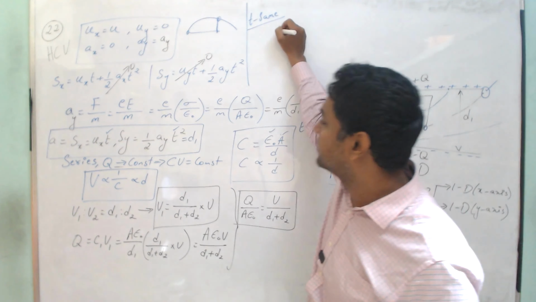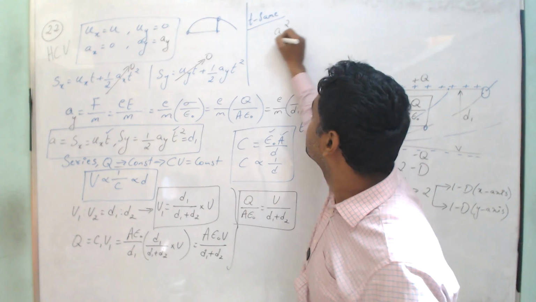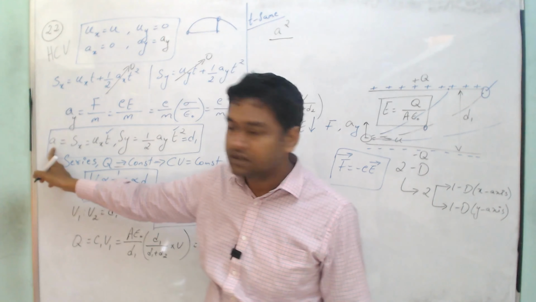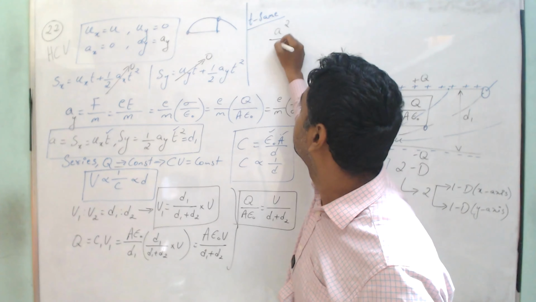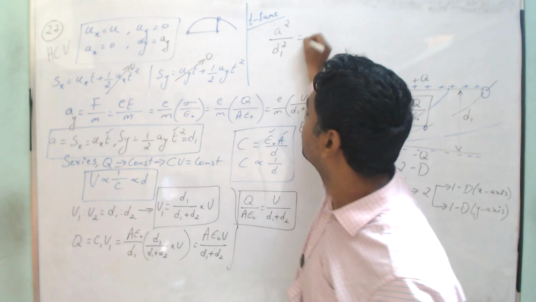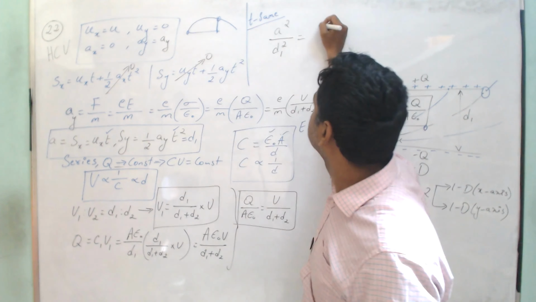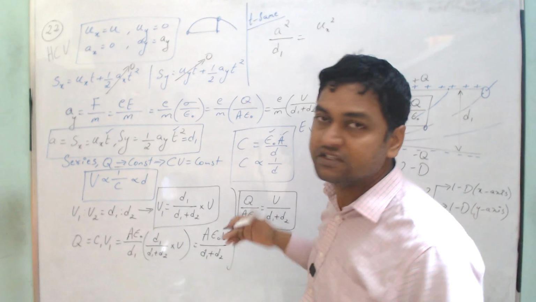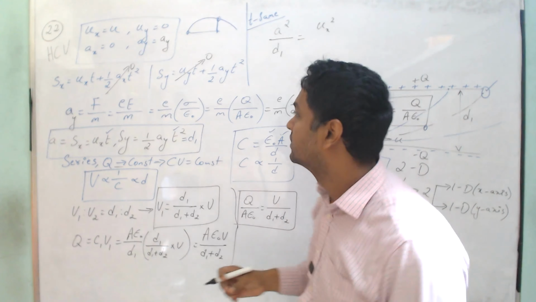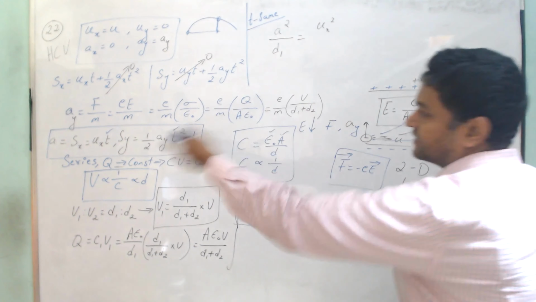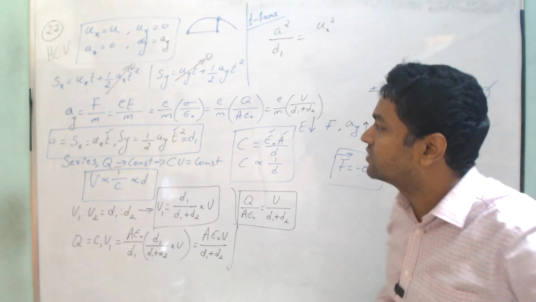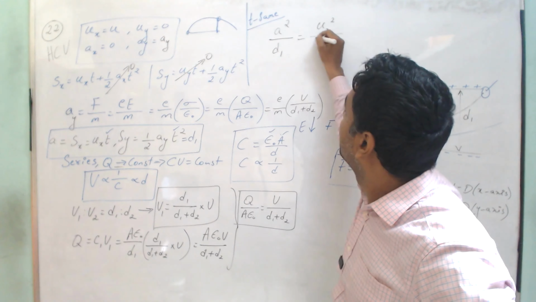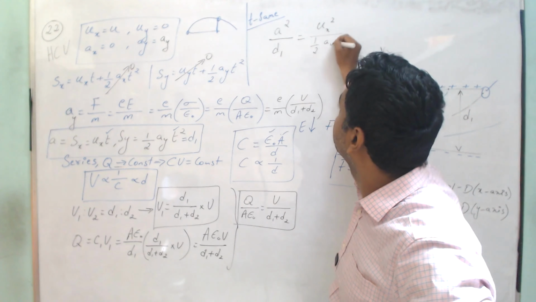So if I square and divide, I'm writing sx square divided by d1 square is equal to ux square. Square the sx and divide it by d1. So a square by d1 is equal to ux square divided by half ay.